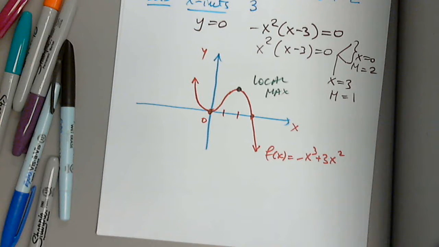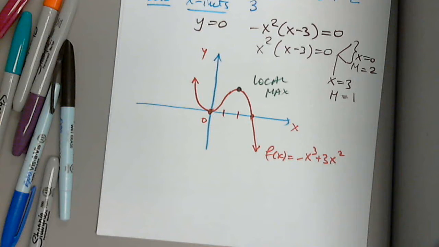So it's coming from negative infinity. It's very clear that it turns at (0, 0). It comes to a maximum. It has to turn. These are the maximum 2 turns that the function can have. And then it crosses through 3, going to negative infinity. In order to determine this maximum, I will tell the calculator to look for the maximum between 0 and 3. So we go to second and calc.